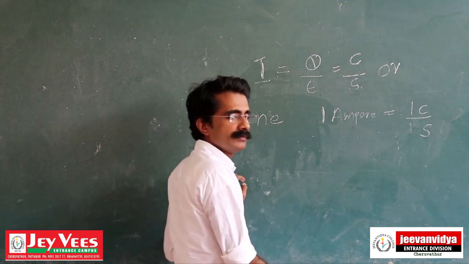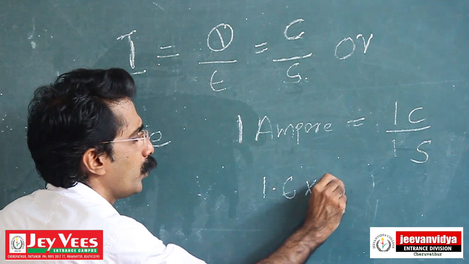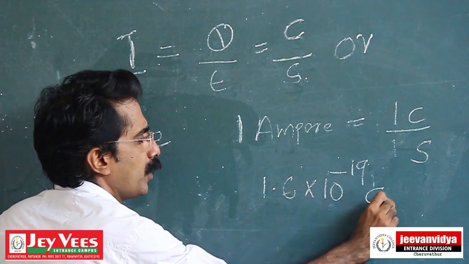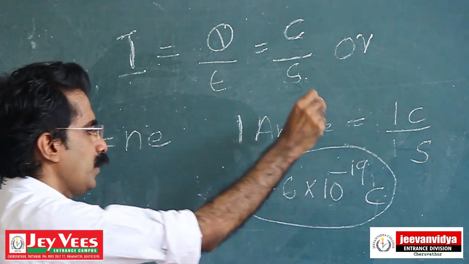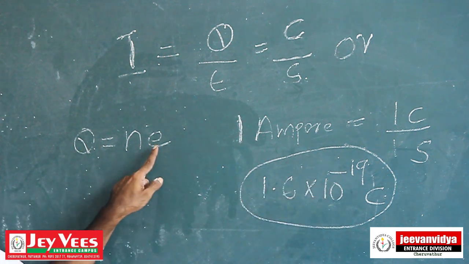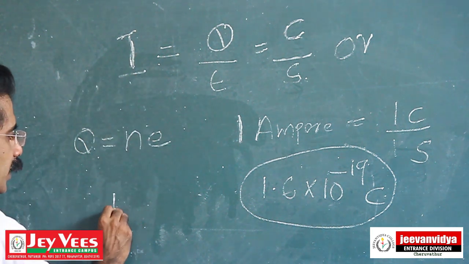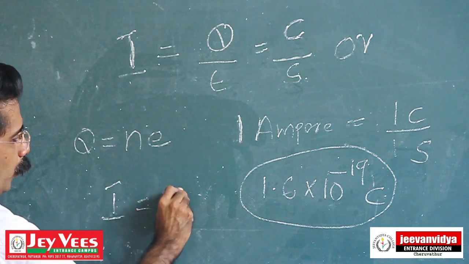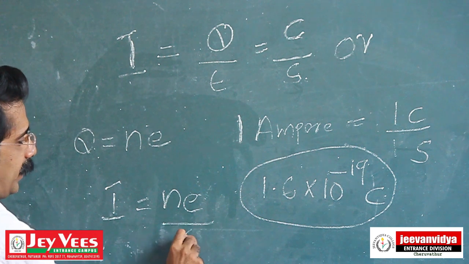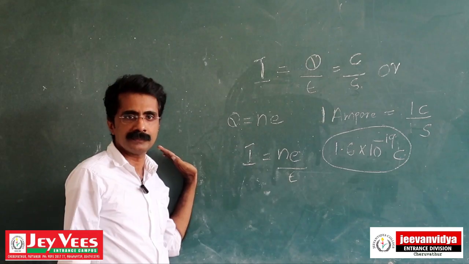What is the electron charge? The charge on an electron is 1.6 into 10 raised to minus 19 coulomb. Then Q is equal to N E. So this equation can be written as I is equal to N E by T. Okay.